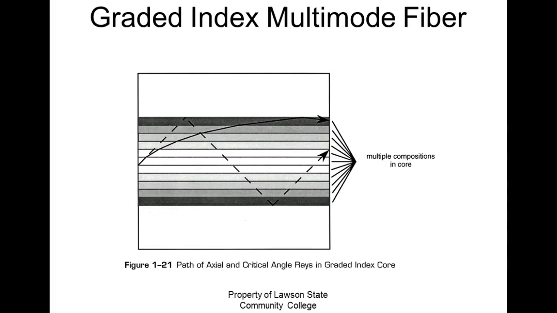It can handle offset colors a little bit better, but the problem is what? It costs more, right? You understand? It costs more. In fact, graded index cable is basically the most expensive cable we can buy.